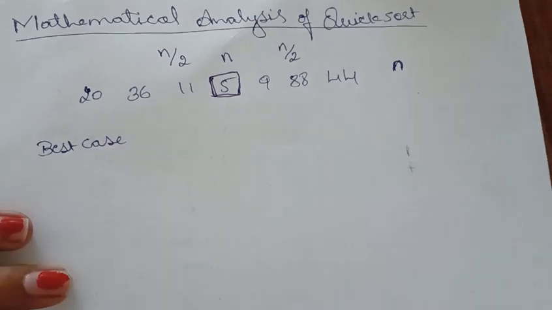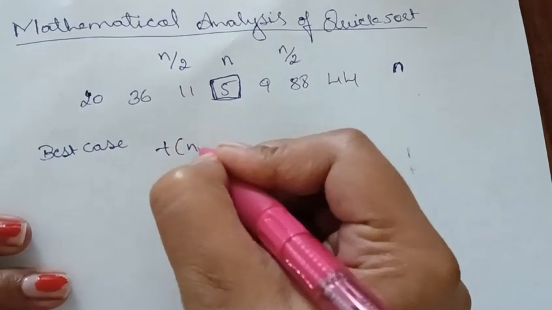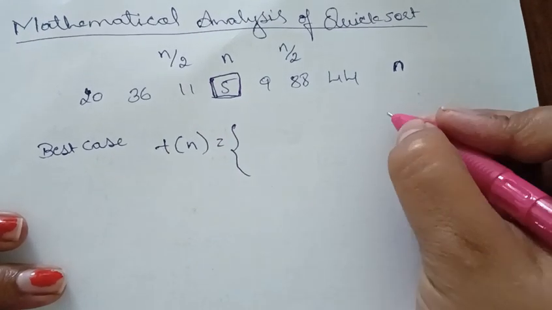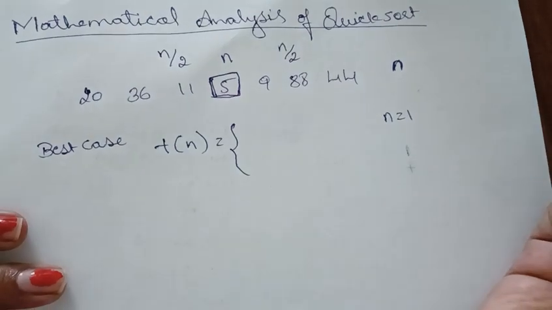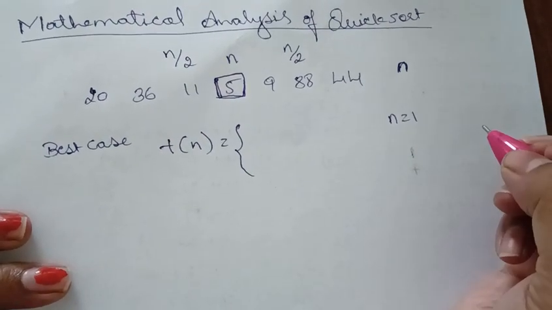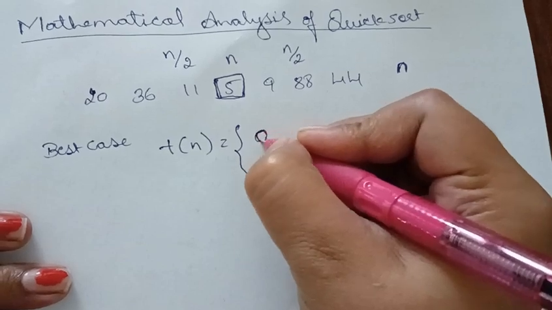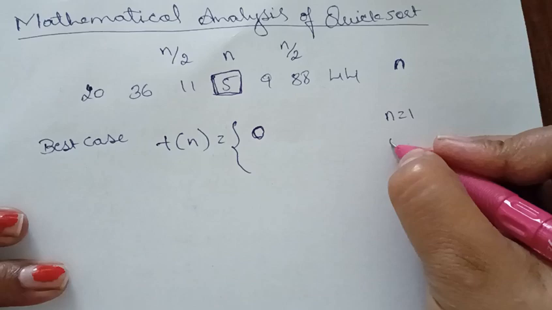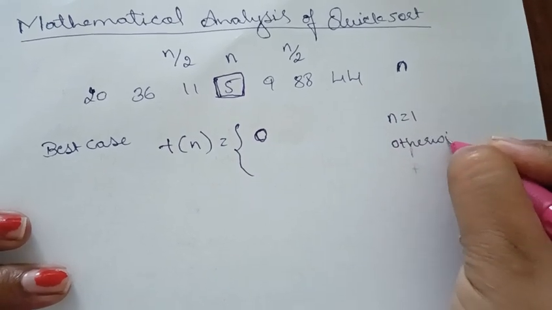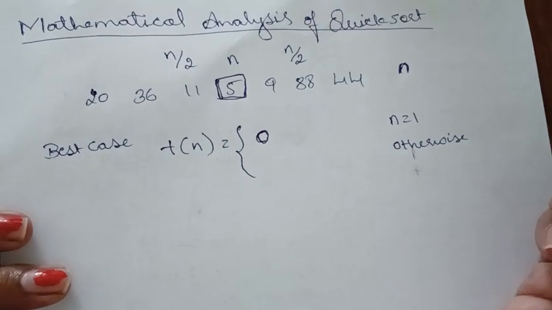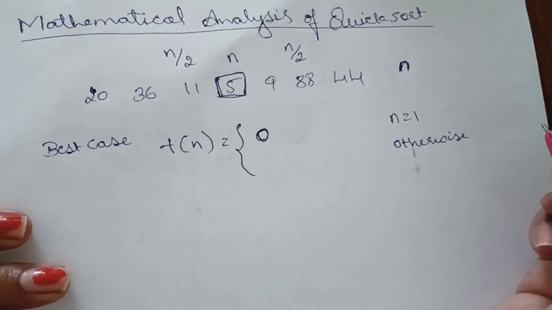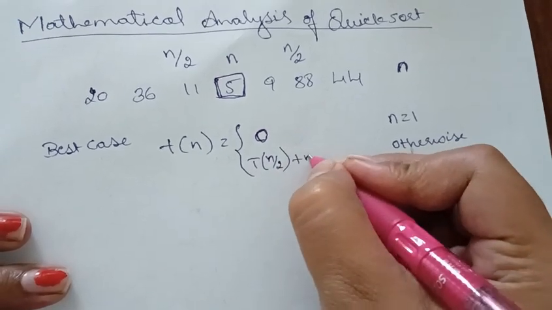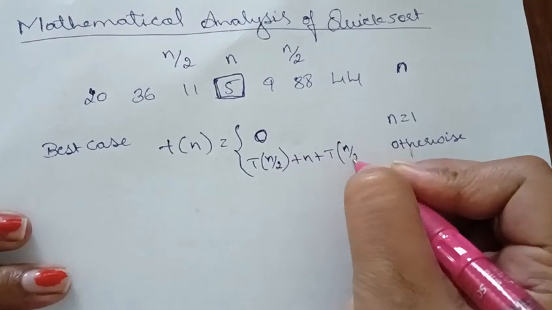Okay, so how will the general plan be? T of n. For example, if you have only one element, then there is no need of sorting it, is it not? It will already be in sorted order. So no need to do anything. If only one element, it is 0. Otherwise, if n is greater than 1, in such a case you have to divide the array into two equal parts with the help of a pivot element.